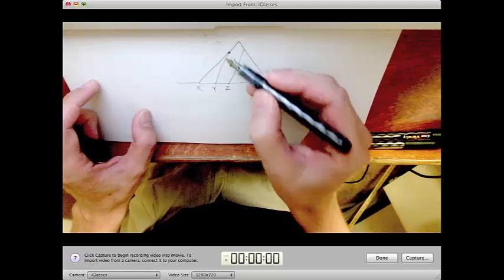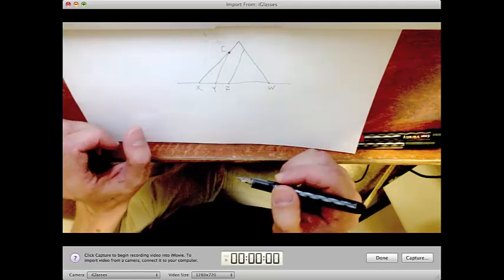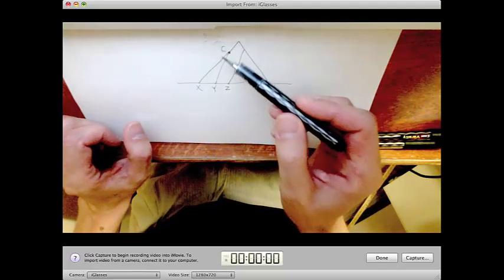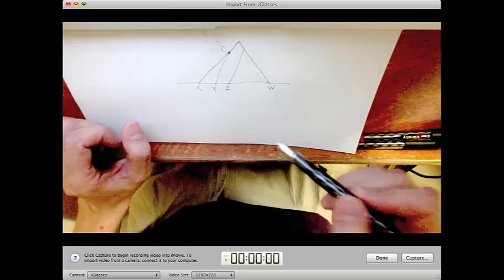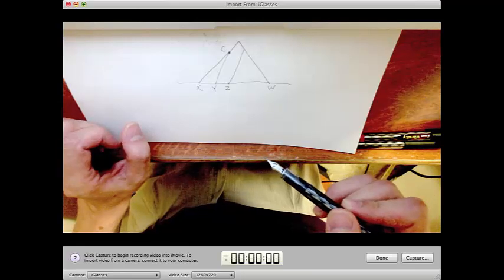So if we place C here, we would erroneously pick C as a neighbor of Z or W, whereas Z and W are actually neighbors. Okay?